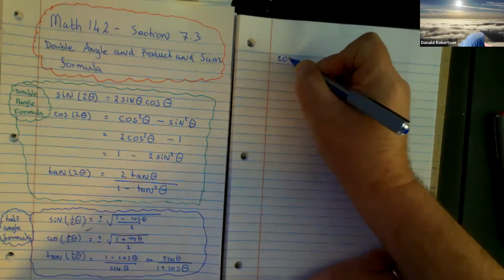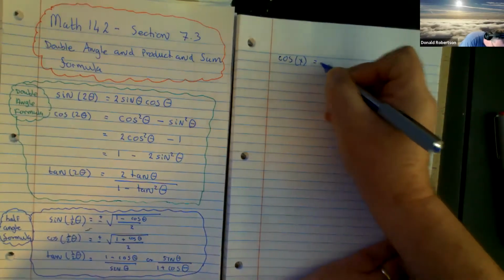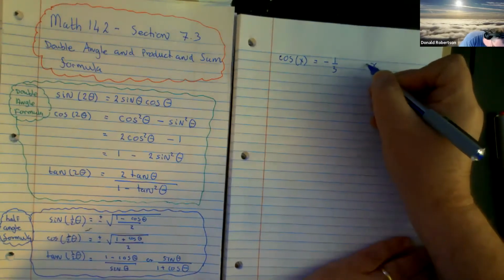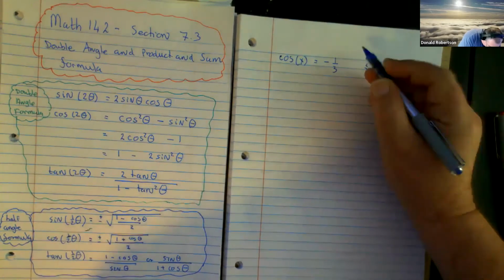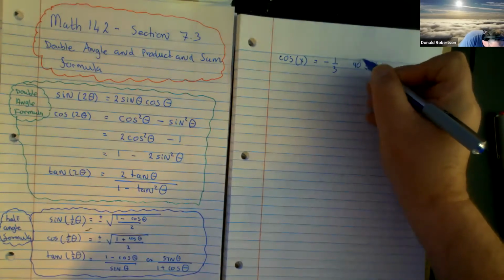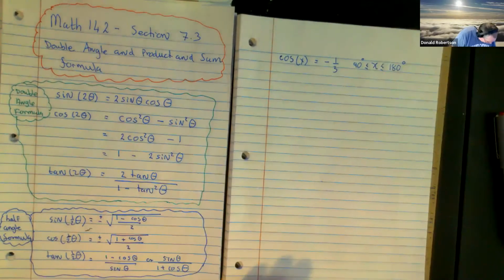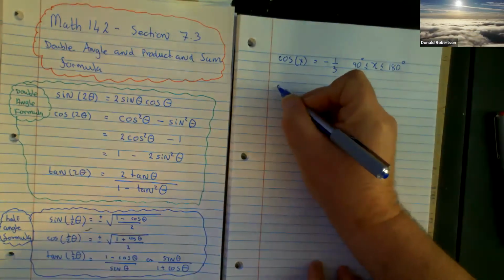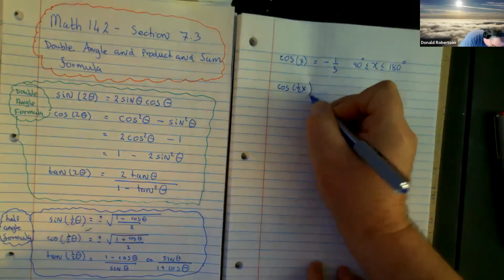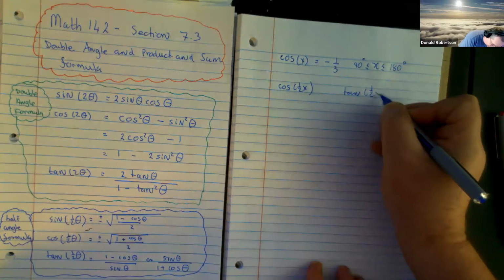Suppose I tell you that the cosine of x is negative 1/3, and that x is from 90 degrees to 180 degrees, and I ask you to find the exact value of the cosine of half x, and let's say just the tan of half x.